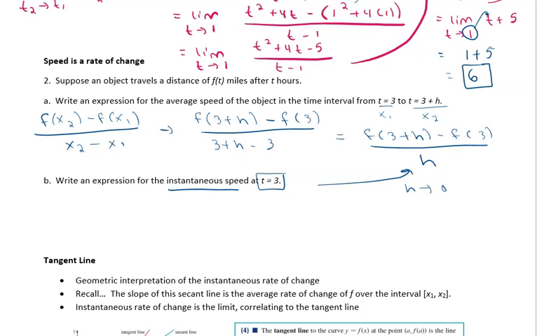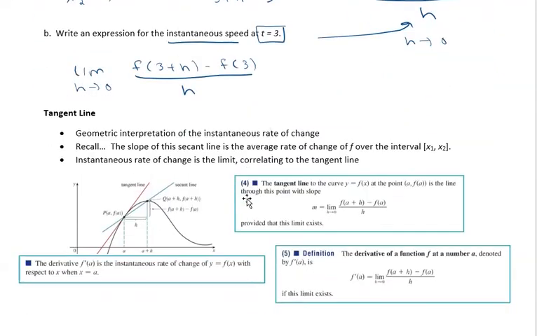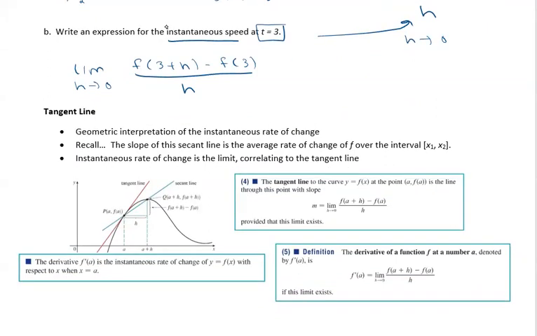So we're looking at an instantaneous rate of speed of the limit as h approaches 0 of f of 3 plus h minus f of 3 all over h. Now this is going to become important because if you look a little bit further down, this becomes the definition of our derivative and our tangent line.